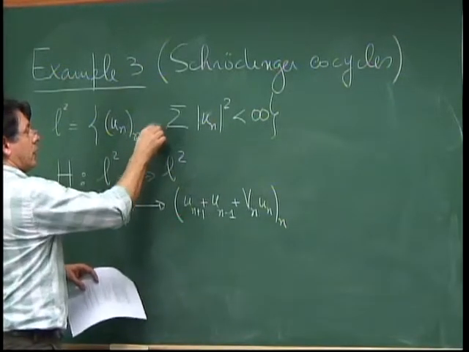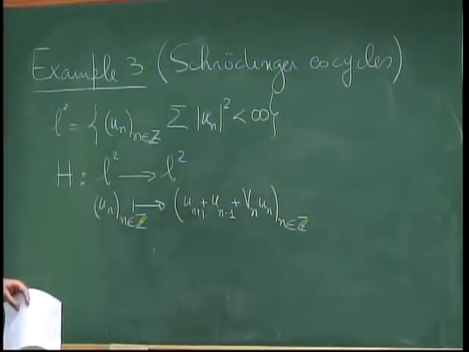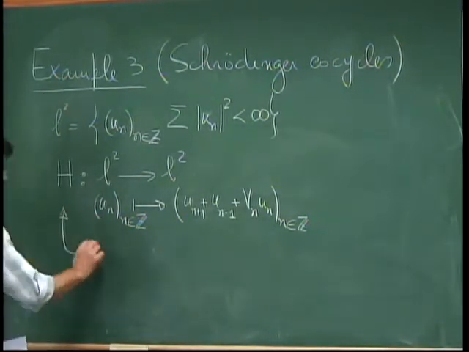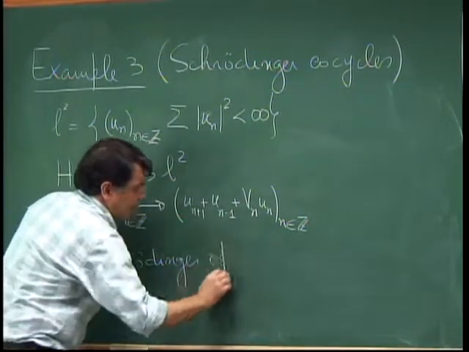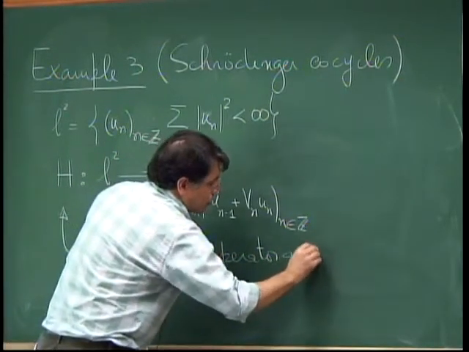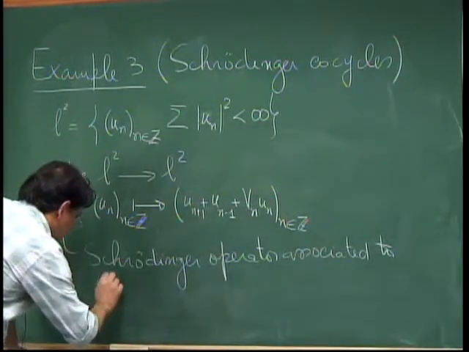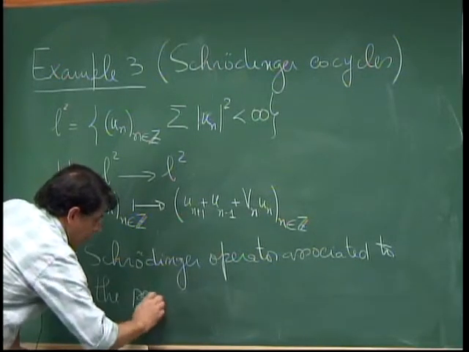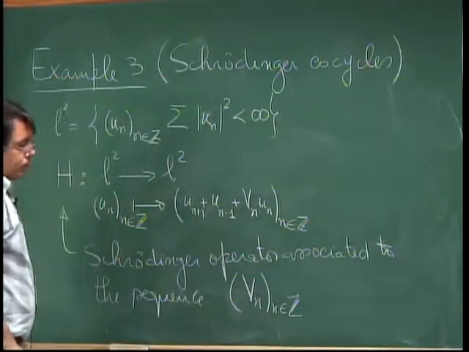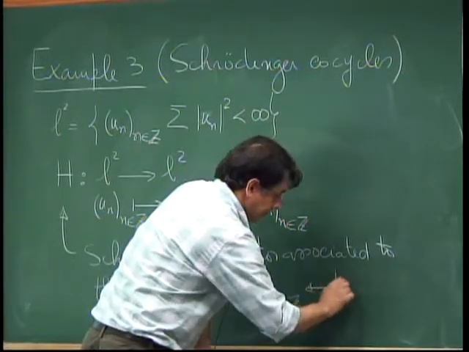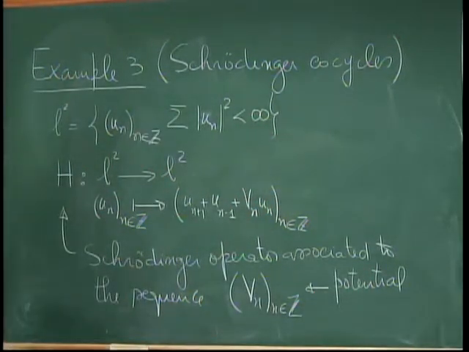We use sequences that are bilateral, indexed by Z. So this is the Schrödinger operator associated to the sequence Vn, capital Vn, and this sequence is called a potential. The reason being that in the physical context, this is the potential energy.